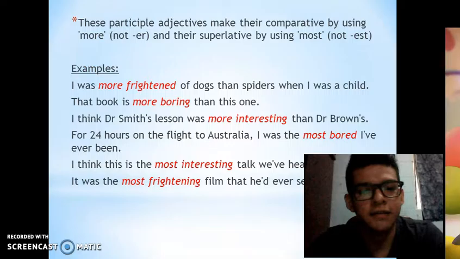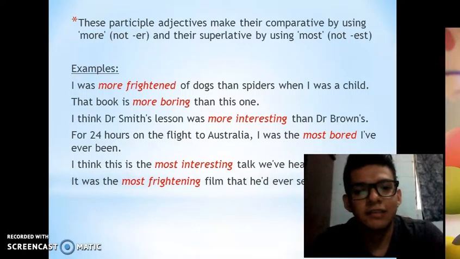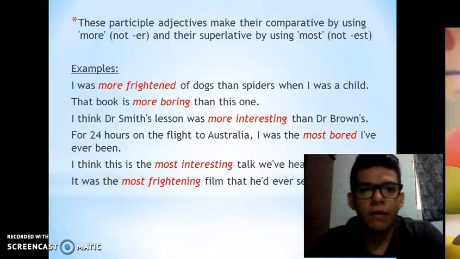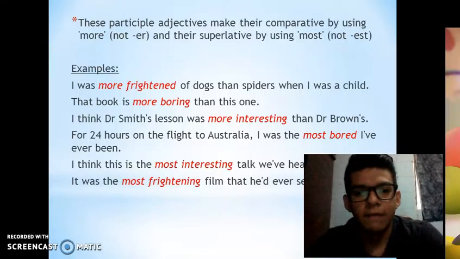Next point says, these participle adjectives make their comparative by using more, not er. Guys, remember, er is another form of the adjective. And they make the superlative by using most, not the est form. Maybe you are wondering, what is the er form?